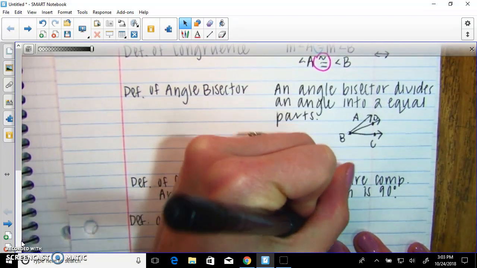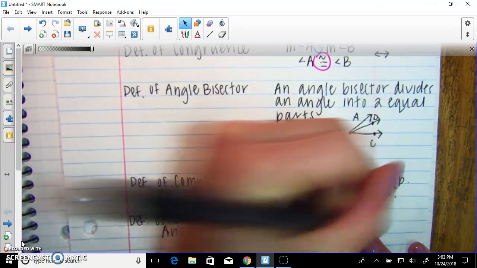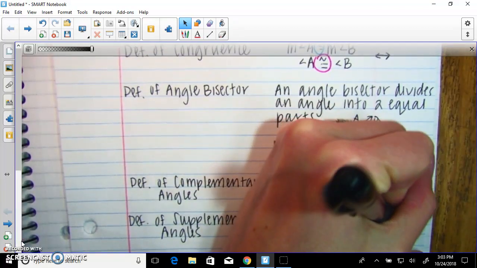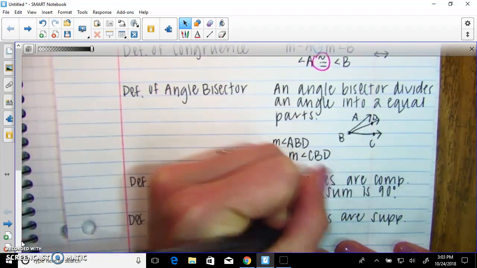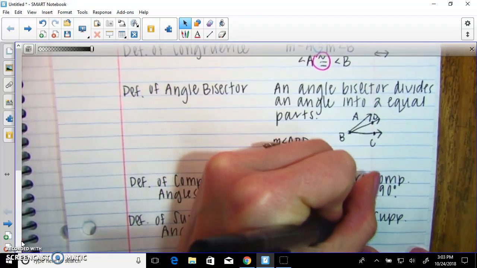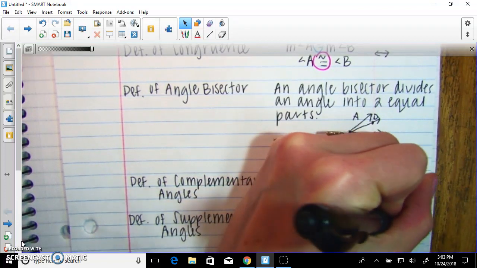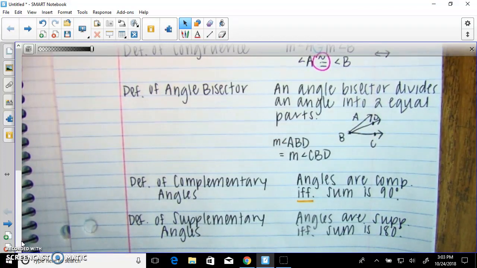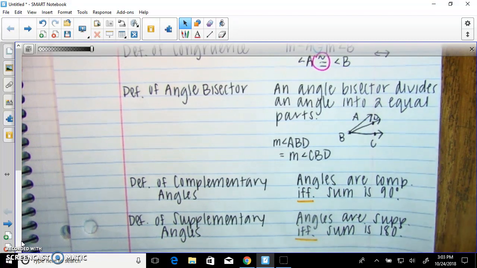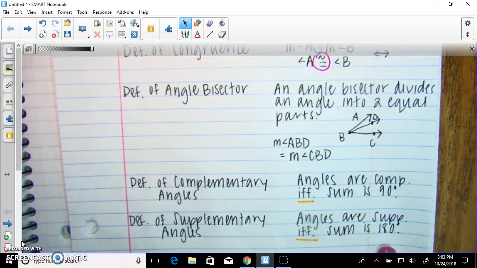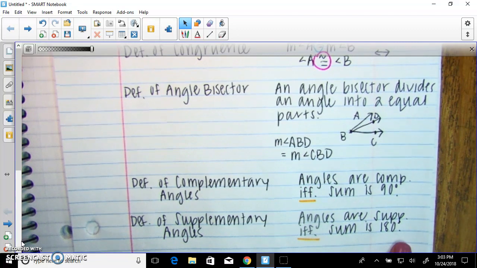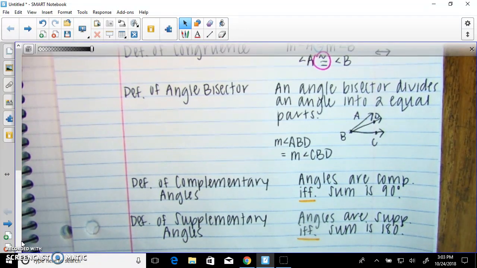So angles are supplementary, just going to abbreviate, if and only if their sum is 180 degrees. So the definition allows us to go from if angles are supplementary, then they add to 180, or if angles add to 180, then they're supplementary.